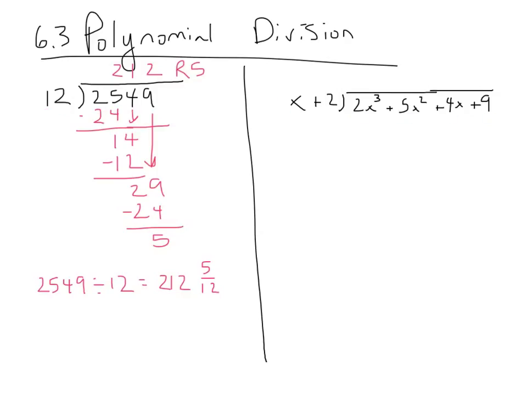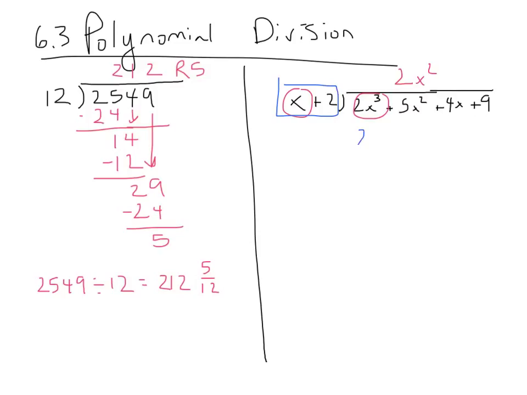Now the question that we ask ourselves as we go through this division process is a little bit different, but the result is going to end up being the same. So for my first step, I'm going to ask how many times does this x go into 2x cubed? Well, 2x cubed divided by x is going to give me 2x squared, so I'm going to write that up here. And then right down here I'm going to say, okay, what is 2x squared times this whole x plus 2 piece?